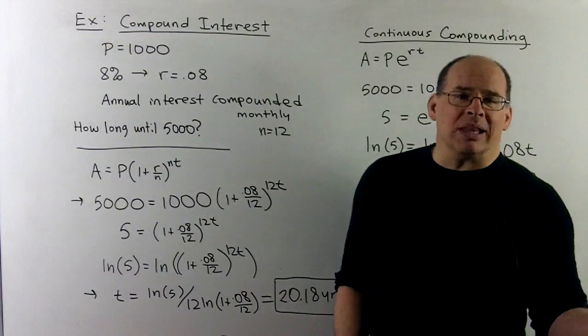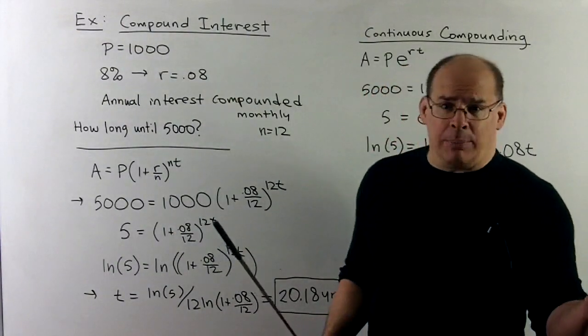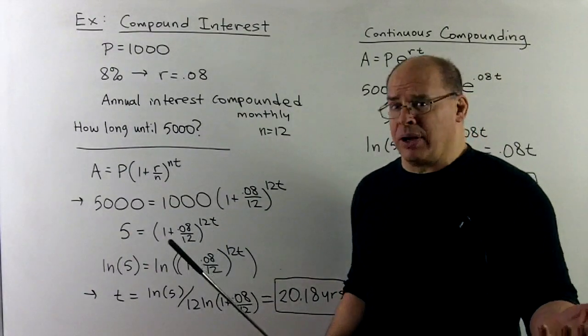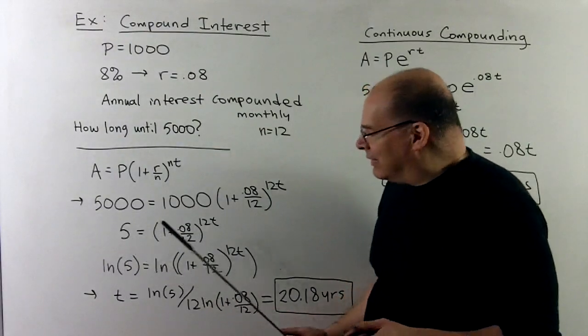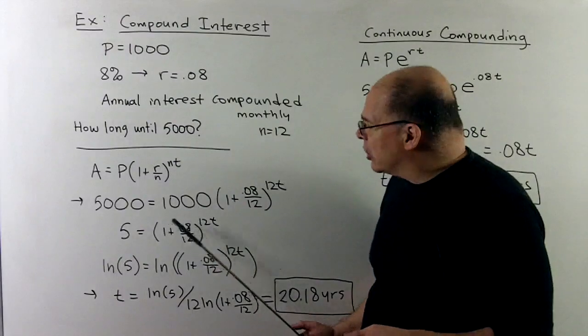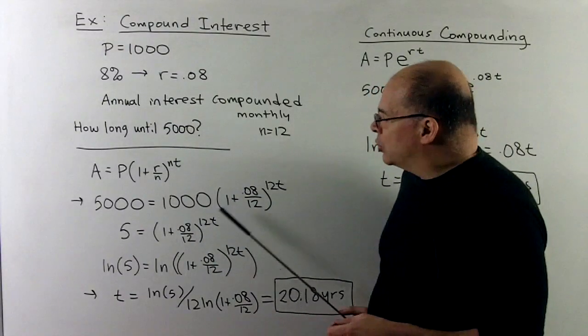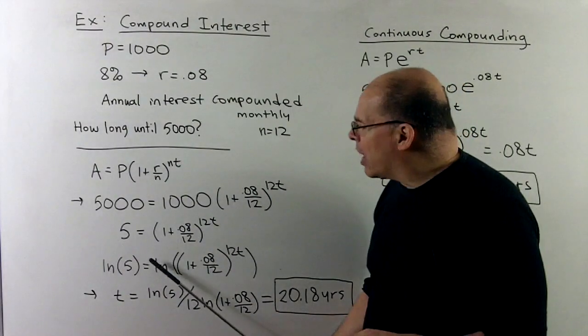I could either go to a logarithm through the dictionary, or I could just apply natural log to both sides, and worry about sorting out the numbers later. So I'll get natural log of 5 equals natural log of our interest factor raised to the 12t. The 12t is on the inside, so I could use the power rule to pull the 12t out in front.